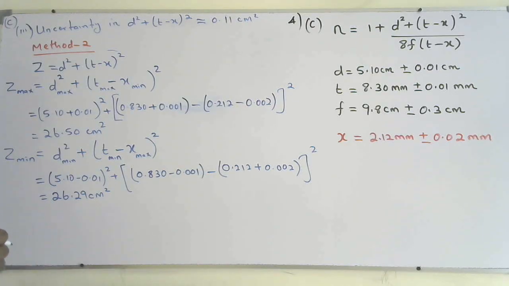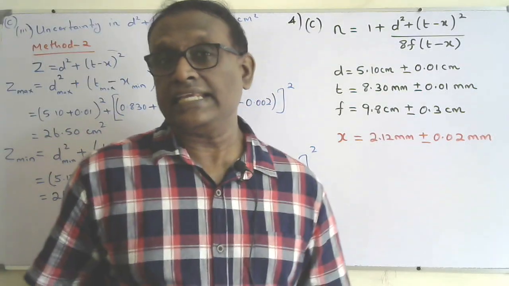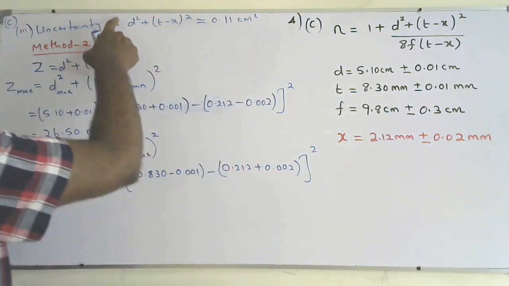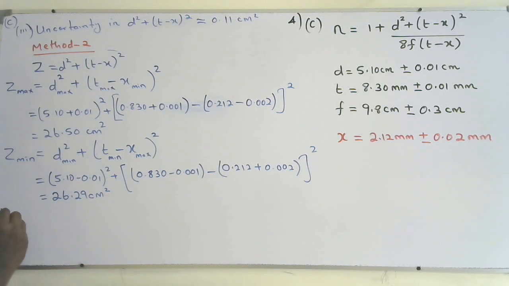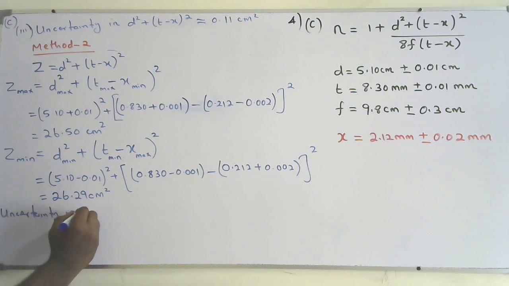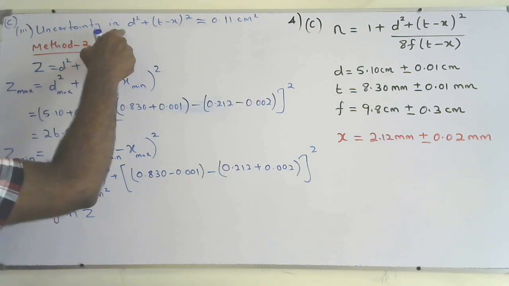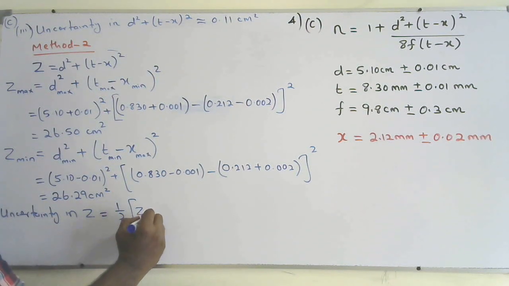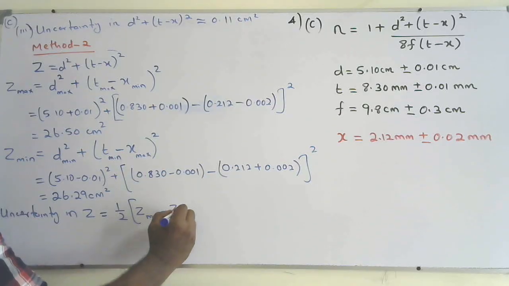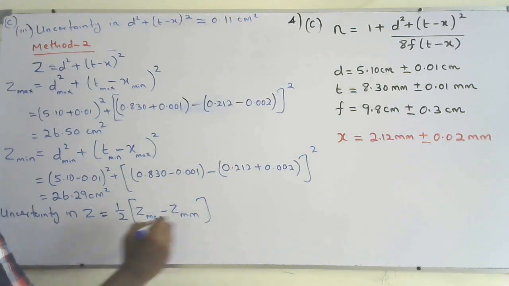Okay, so I need to find the uncertainty of z. Uncertainty of z means uncertainty of this one. Is it? This I defined as z. So I can say uncertainty in z. Z means d squared plus t minus x. So that is equal to half z max minus z minimum.